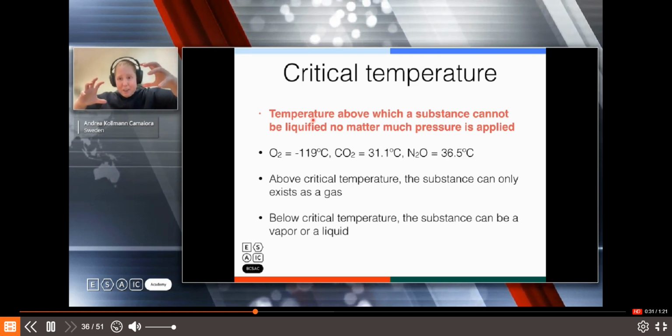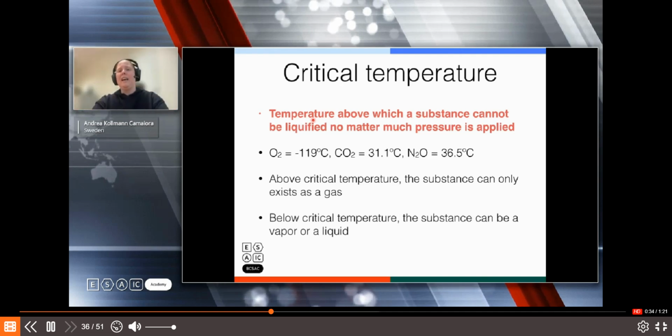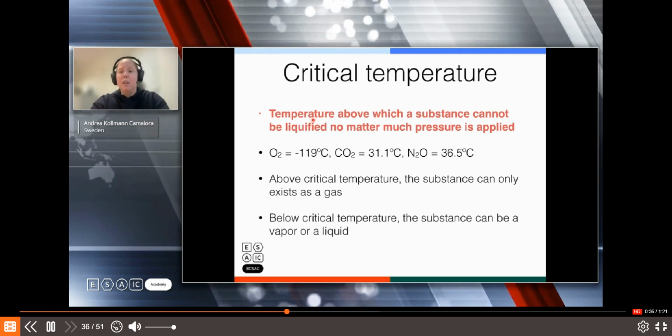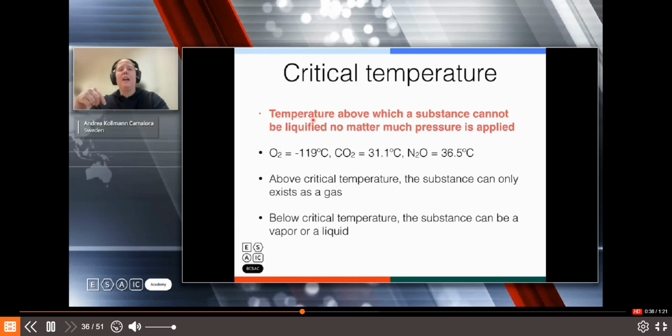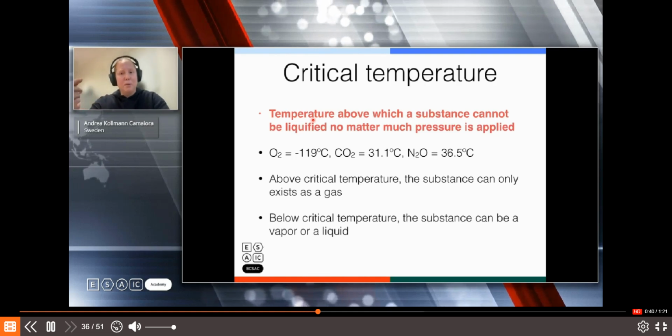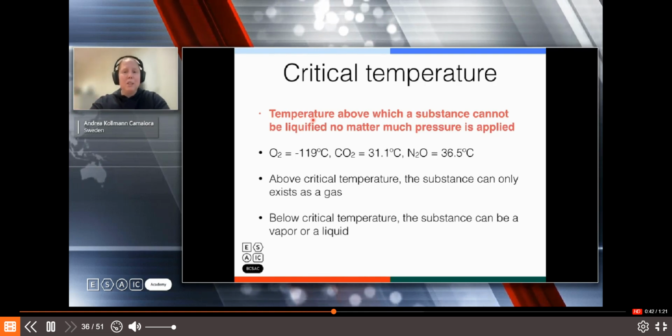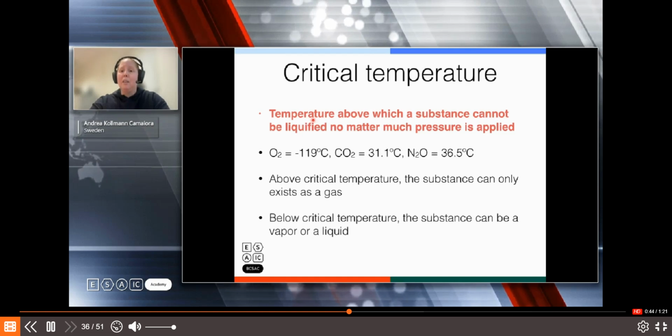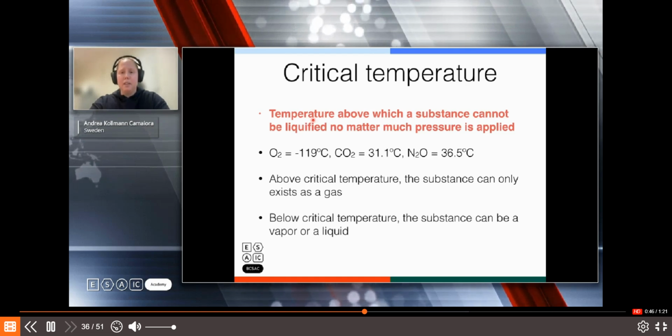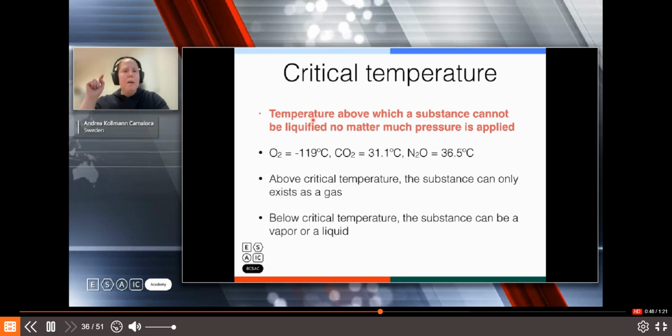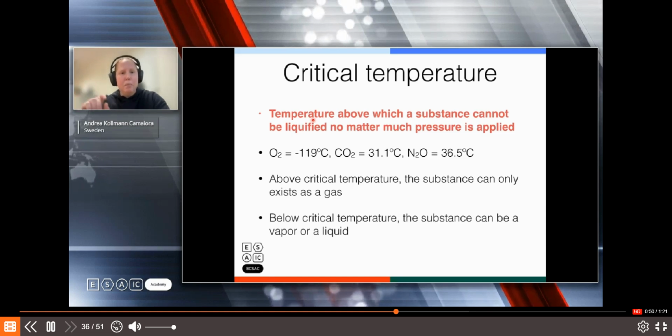If I put so much pressure, I cannot turn it into a liquid, because, due to the temperature being above the critical temperature, the molecules have too much energy to be turned into a liquid. So critical temperature, the temperature above which the substance cannot be liquefied, no matter how much pressure.